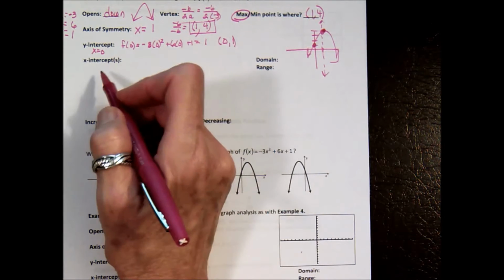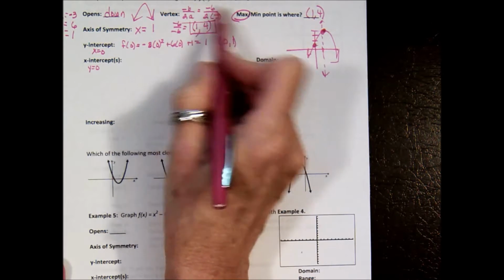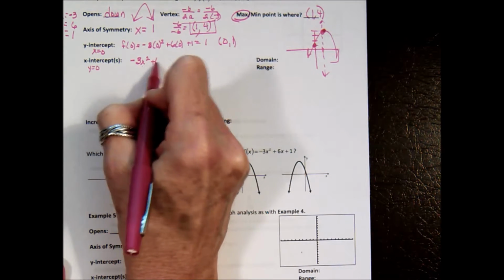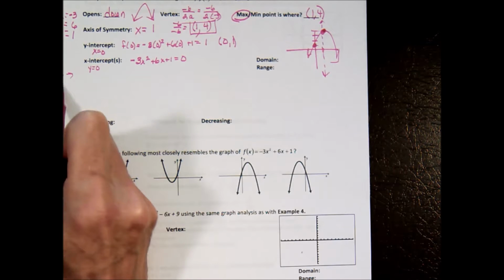The x-intercept means let y equal 0, which means I set the whole thing equal to 0. So -3x squared plus 6x plus 1 equals 0. I'm going to try to factor it first. Are there factors of -3 that combine to make +6? There are not.